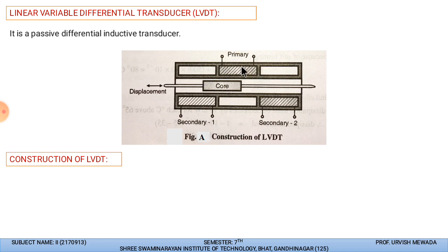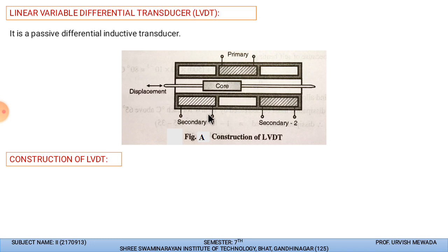On the surface of the bobbin, suppose we have an insulator, and on the insulator generally we put the windings near to the core. So generally primary and secondary windings are near to the core, and both secondary windings are connected in differential manner.